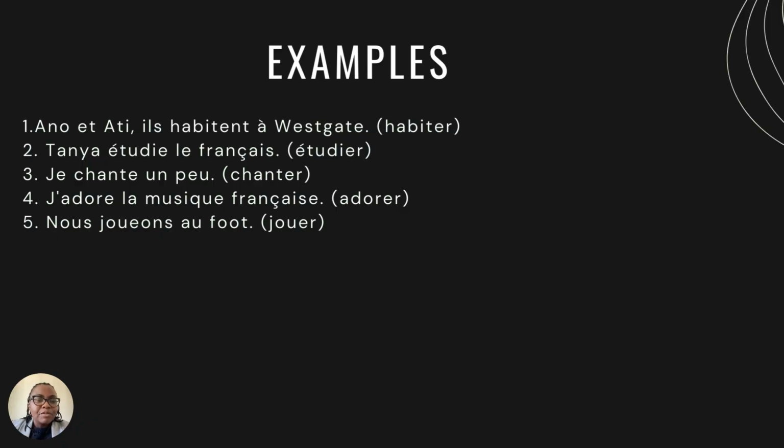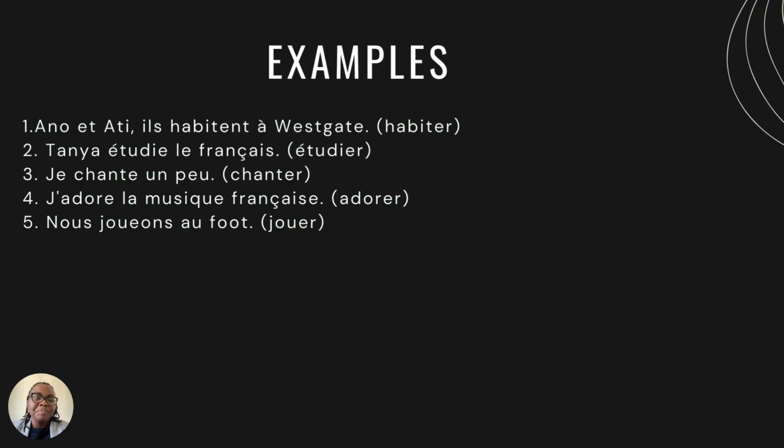For number 2, we have Tanya étudie le français. Tanya studies French. The verb étudier. We have the subject Tanya, which is equivalent to il or elle, one person. So Tanya étudie le français. Number 3, je chante un peu. We have the verb chanter and the subject je. Je chante un peu.